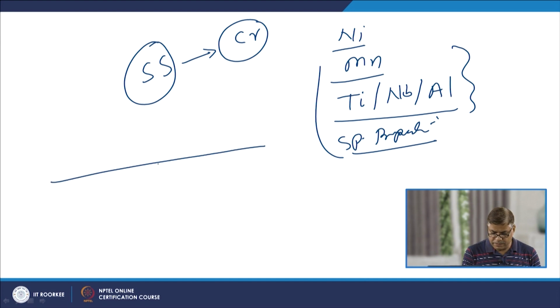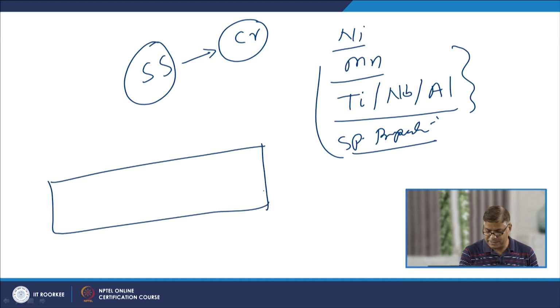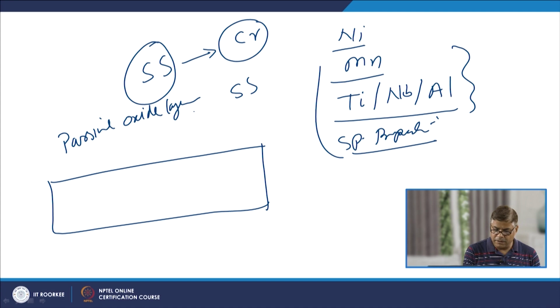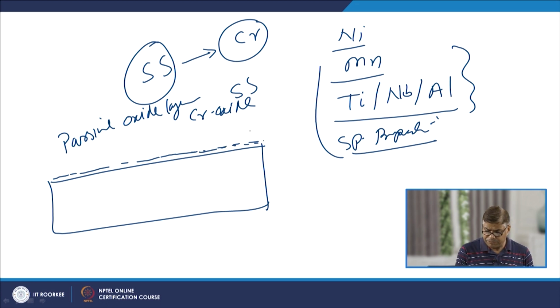This behavior of the stainless steel is attributed to the formation of a passive oxide layer of chromium oxide at the surface. At the surface a very thin layer of chromium oxide is formed, which is so thin that we cannot see it, and it does not change the color of the steel.